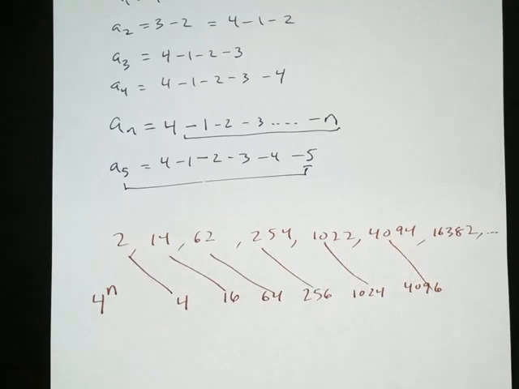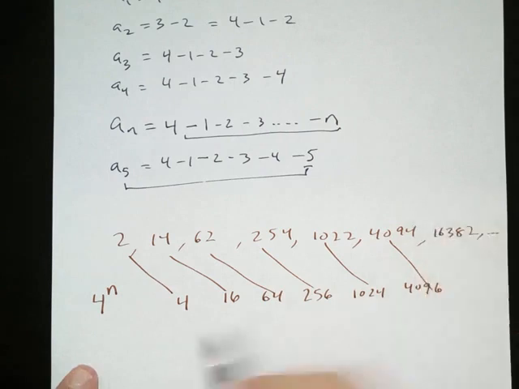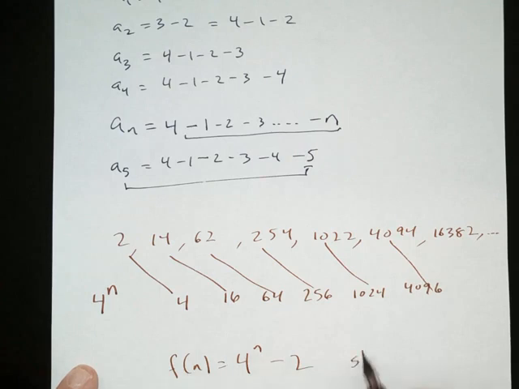What's the difference between the top line and the bottom line? To get the top line, I take this line and I subtract 2. So I'm going to go ahead and say that the formula for this is 4 to the n minus 2, starting at n equals 1.